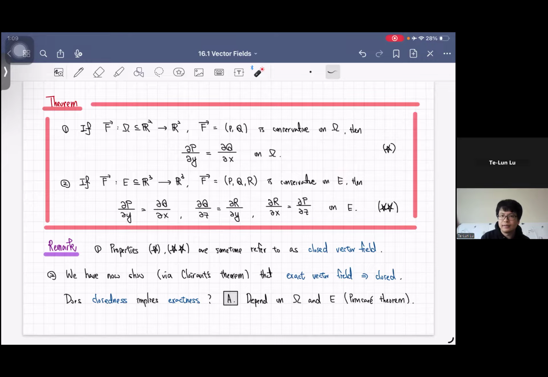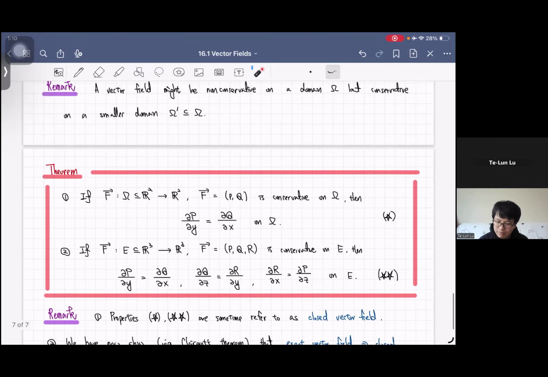And the answer is yes or no. It actually depends on what omega looks like. This is called Poincaré's theorem, and we'll introduce it in section 16.3, which deals with more properties of conservative vector fields and why they are important.